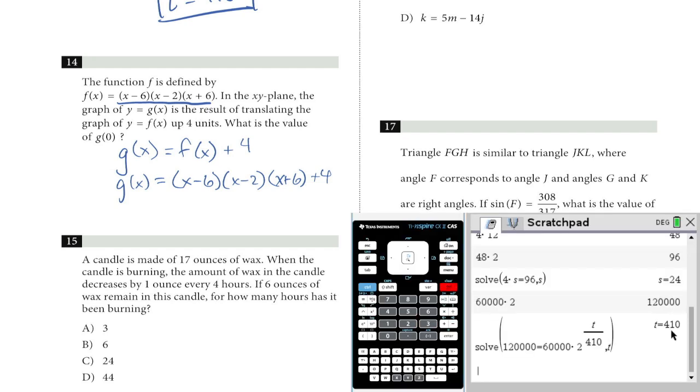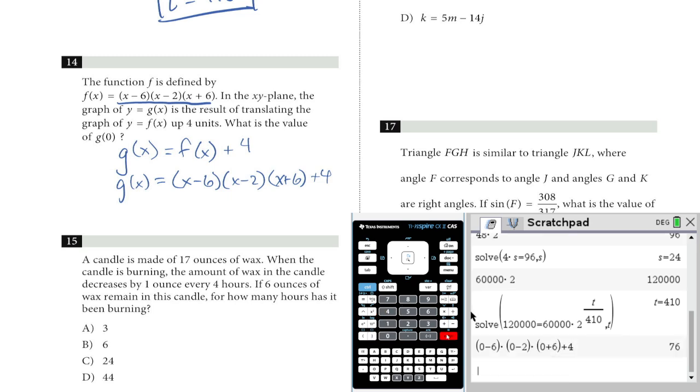I'm not doing solve because it's just the right side; I already have g of 0 by itself. So I'm going to do 0 minus 6, close parentheses, 0 minus 2, 0 plus 6, and then plus 4 at the end. So I get 76. So g of 0 is equal to 76.